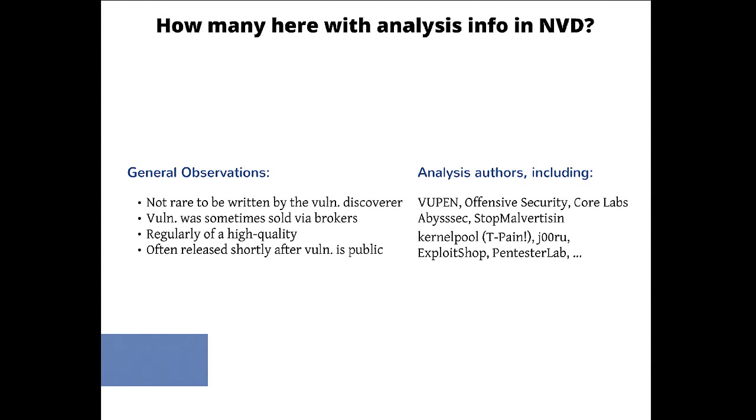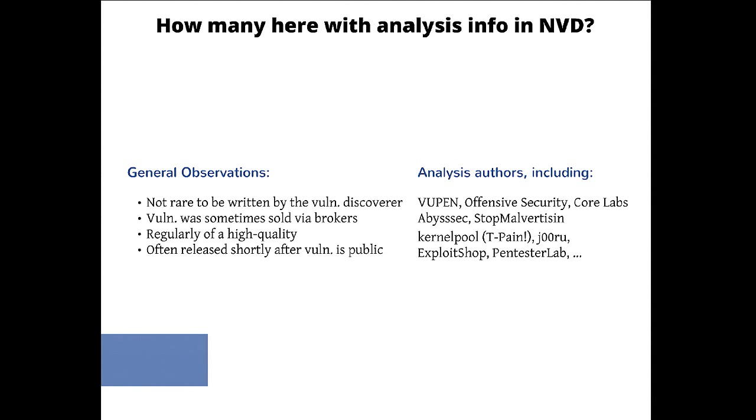My general observation from all this data that's been collected is it's not rare for the person who found it to write about it and publicize it somewhere. And there's a bit of a correlation with it being sold by brokers, so people who are buying vulnerabilities and then publishing the research. And it's usually them representing themselves or a research team.